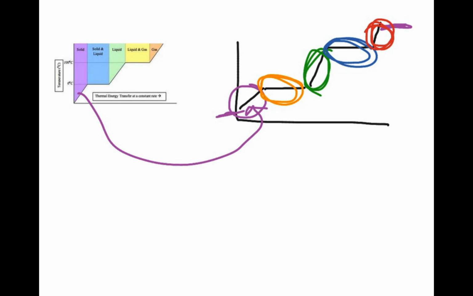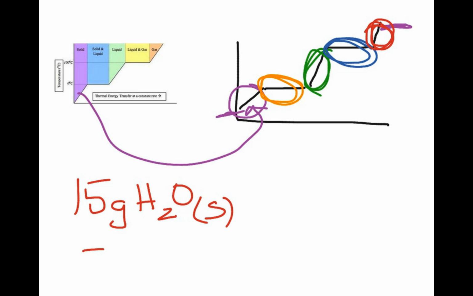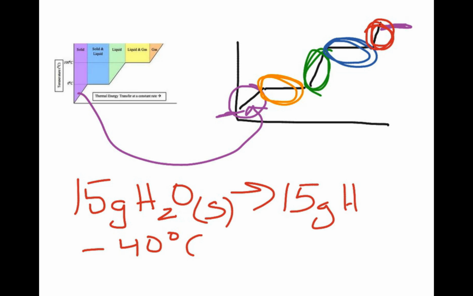So now, let's look at the problem we're going to want to solve. We want to change 15 grams of water as ice at negative 40 degrees Celsius, and we're going to want to change it to 15 grams of water as a gas, steam, at 130 degrees Celsius.